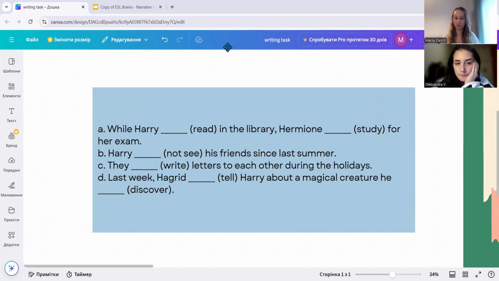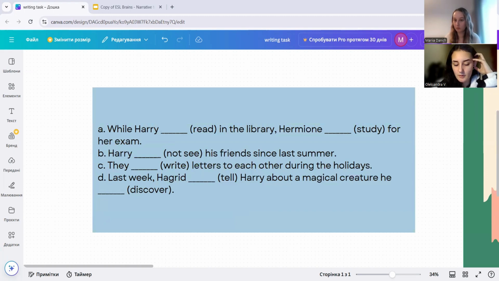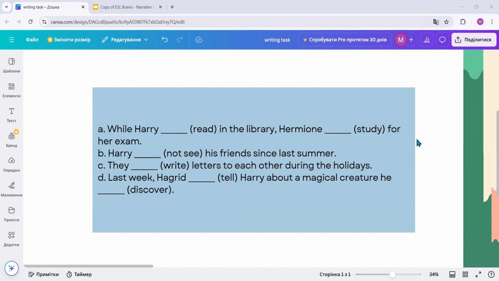Okay, so: while Harry read in the library, Hermione studied for her exam. So two actions happen at one moment. Yes, they do. So this shows two actions done in one time.